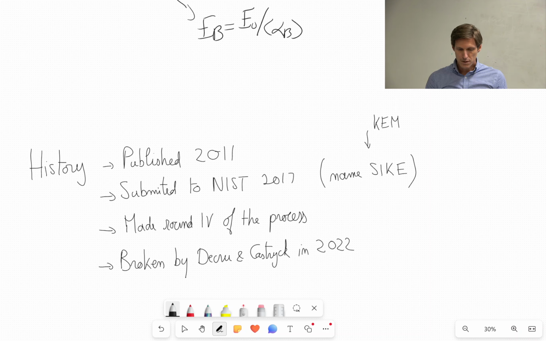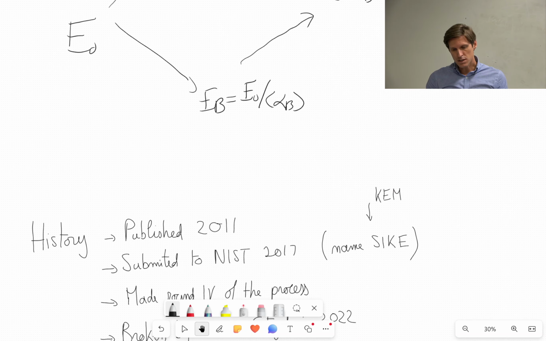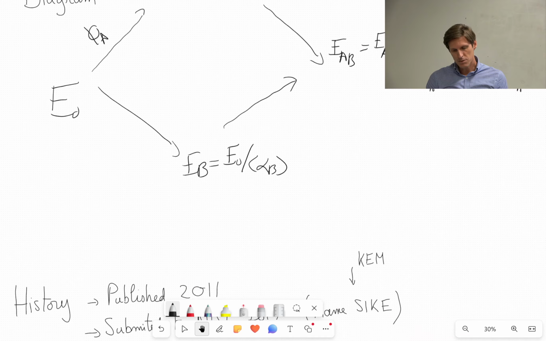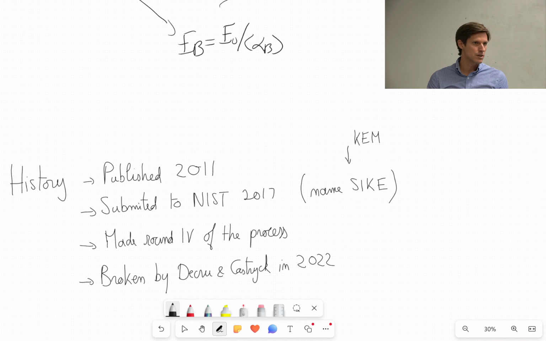So they submitted a proposal for a KEM, and it was called SIKE, supersingular isogeny key exchange, I suppose. This is a key exchange. A KEM is a little bit different, but essentially the same thing. I'm not going to go into the details of the difference between key exchange and key encapsulation mechanism.